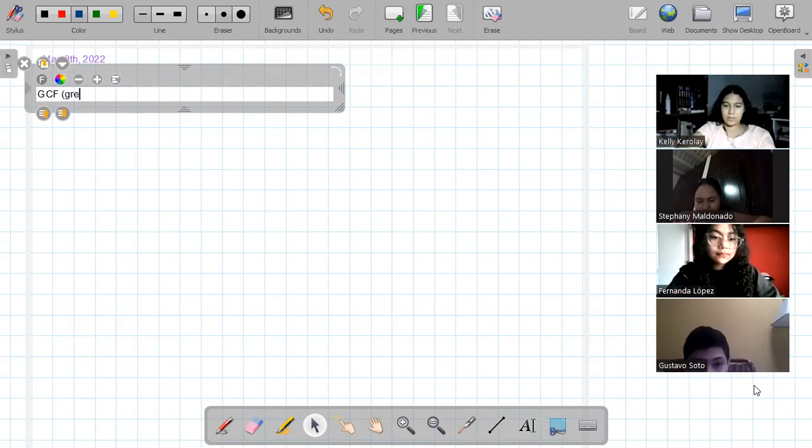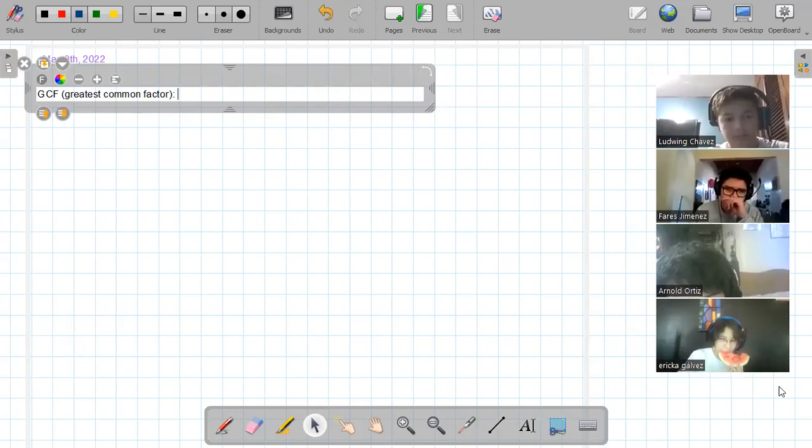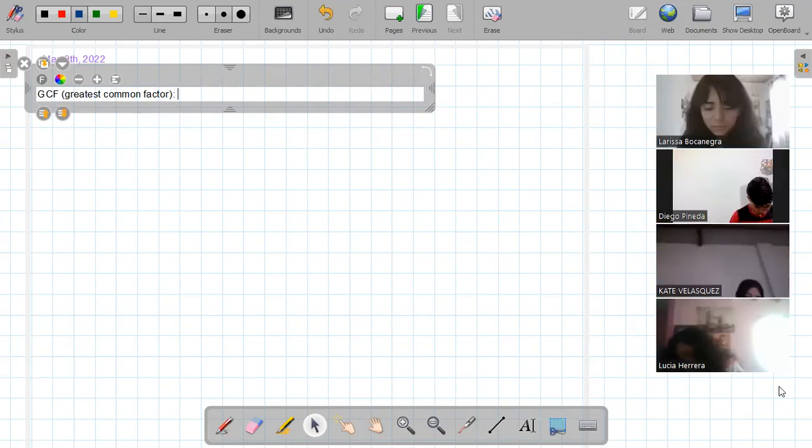So that's what I'm going to place in between this parenthesis. Now, what is the greatest common factor of a polynomial?